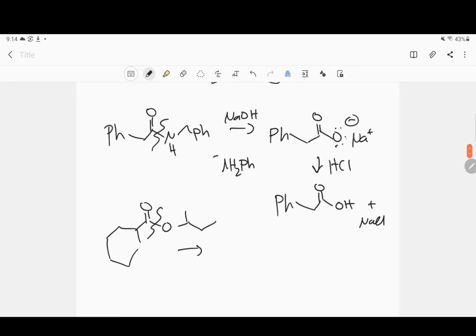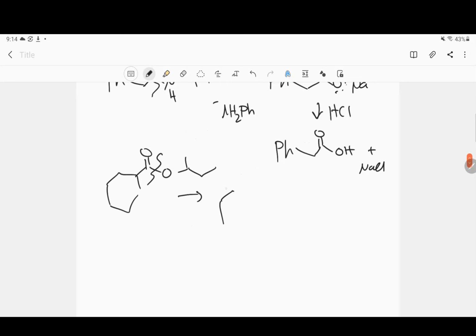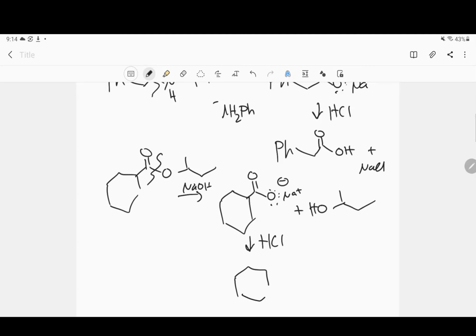We're cleaving that bond, so you end up with the carboxylate and your alcohol, and then HCl should take you back to the carboxylic acid. And again, your other side product would be NaCl, but who cares about that? I guess Charmras would, but I don't.